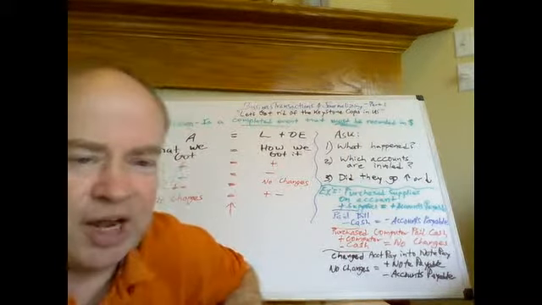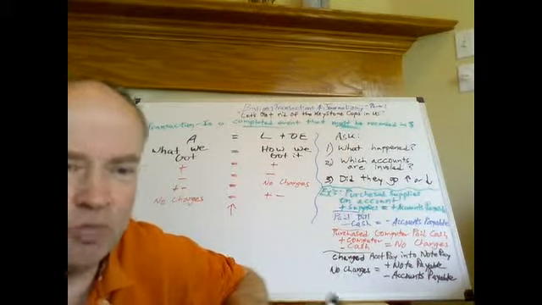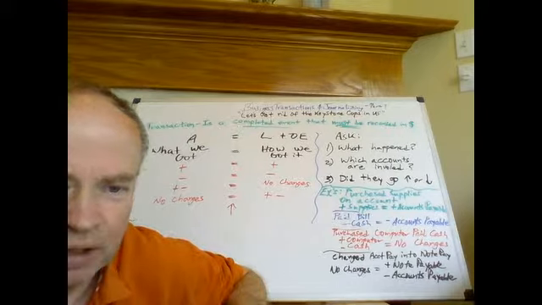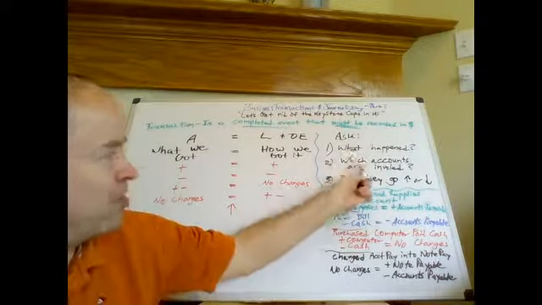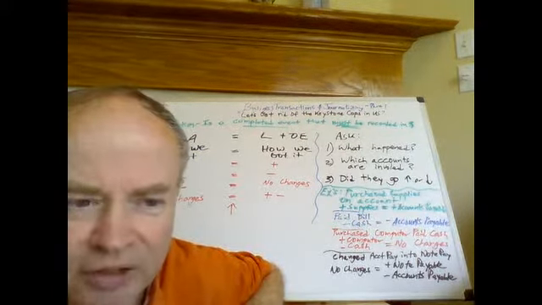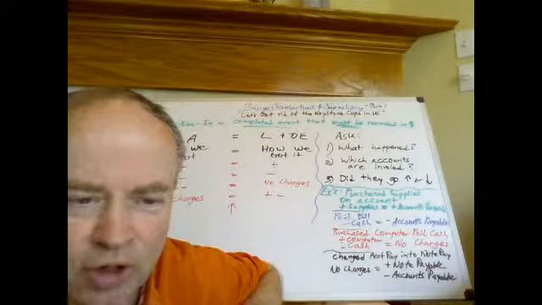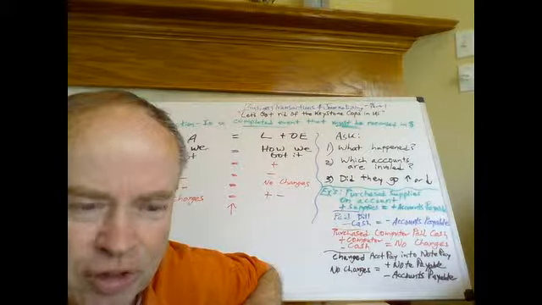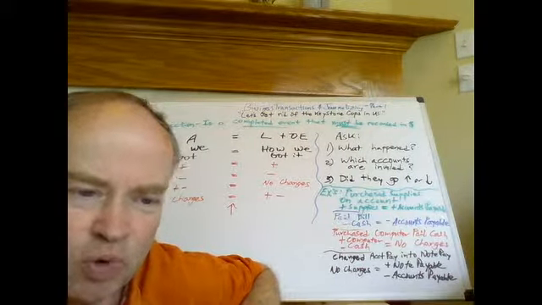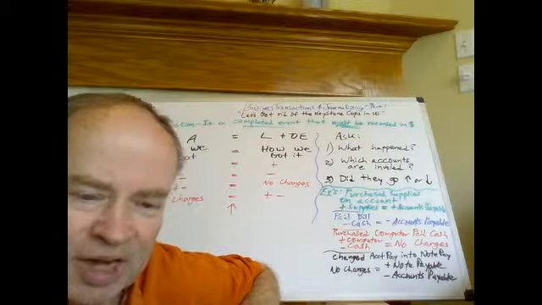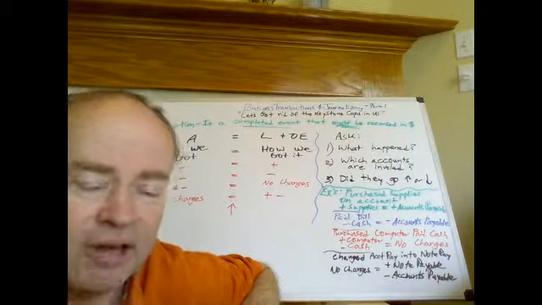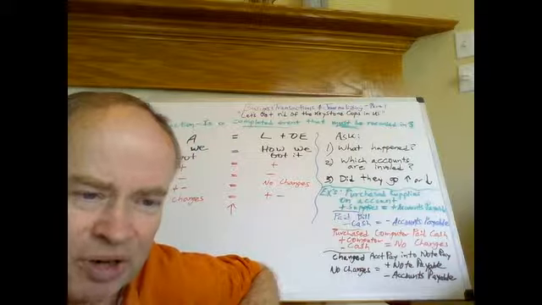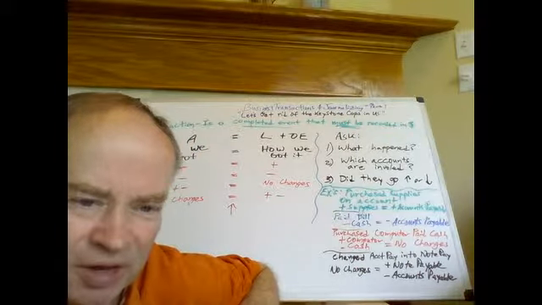Can you explain what happened? Let's say I paid rent. Which accounts would be involved if I paid rent? Would it be rent expense and cash? That would make sense. So a lot of what we're going to do is think logically, because it has to be something that will make sense.